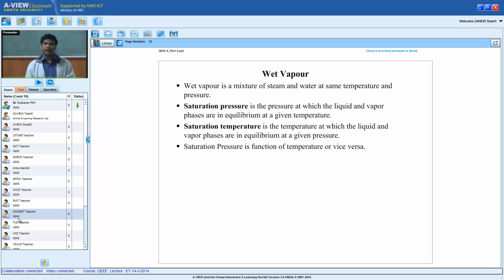What is the relation between the saturation pressure and temperature? Why do I want it? In this combination, I can have a mixture of liquid and vapor, and still want to know how much is vapor and how much is water. Is it always 50-50? Or always 10-90 or 90-10? This is another curiosity. Suppose I get a combination of pressure and temperature, the couple that produces a mixture of vapor and liquid.